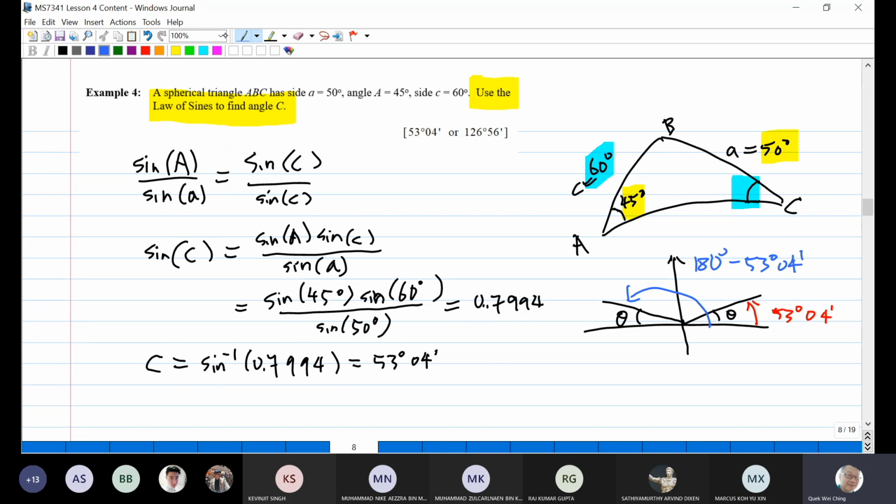So there's another answer here, or C equal to 180 minus 53 degrees 4 minutes. As the answer shows you, this is another possible answer. C is 126 degrees.